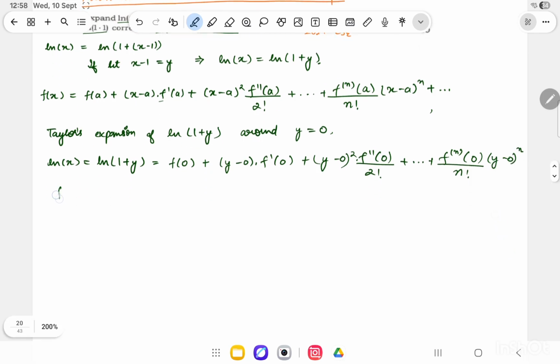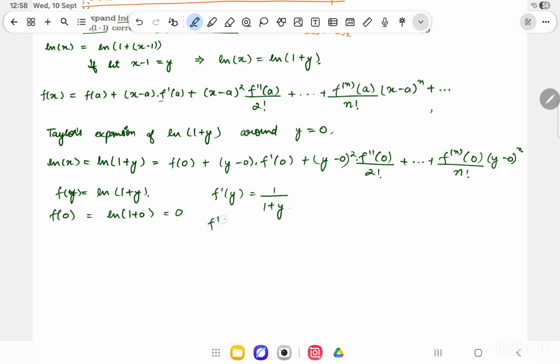So my f(y) is ln(1 plus y). So f(0) will be ln(1 plus 0), that is ln 1, and ln 1 is 0. So f(0) is 0. Likewise, the first derivative f'(y) equals 1 divided by (1 plus y), and its value at 0 is 1.